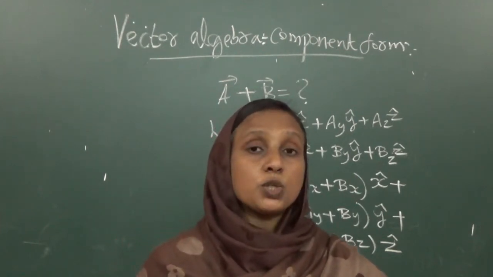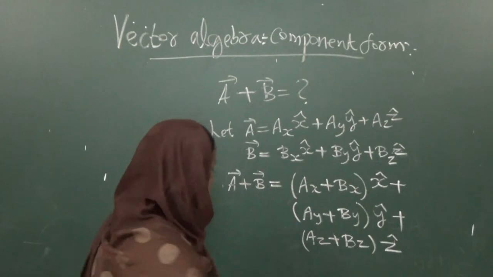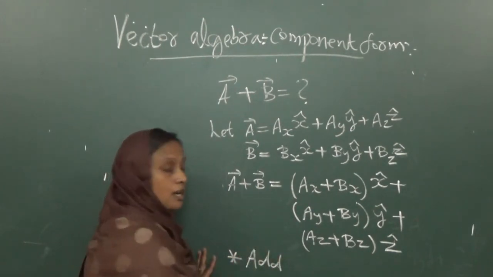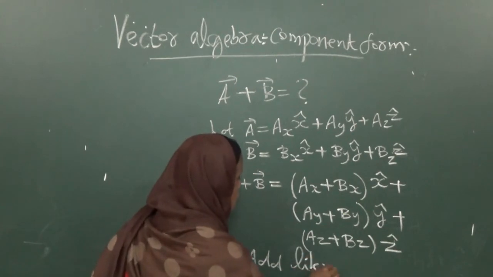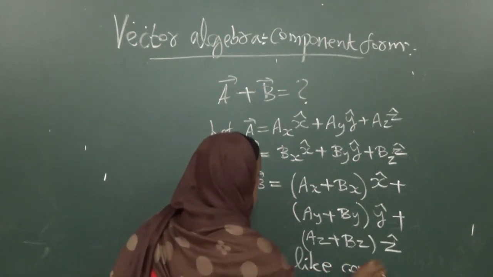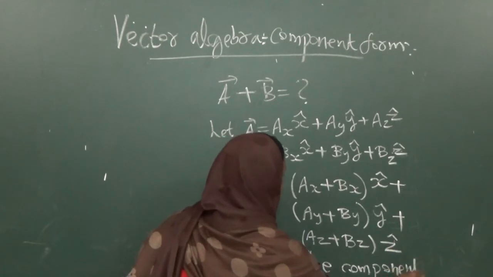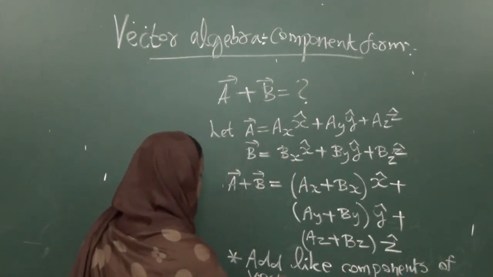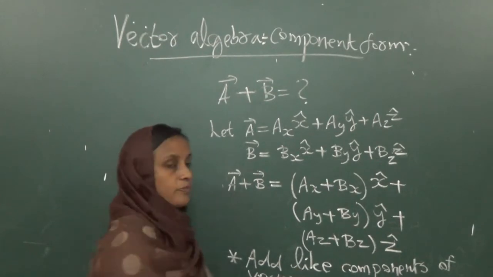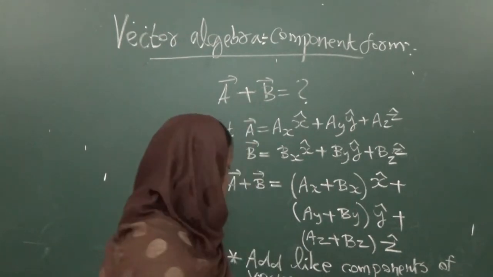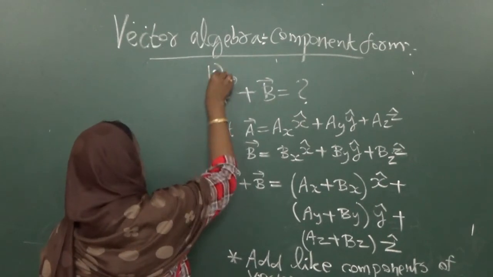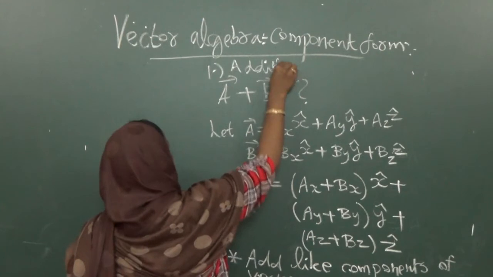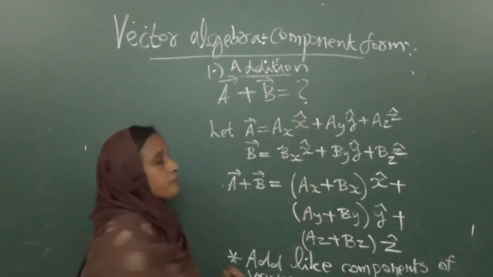So, what's the rule for the addition of two vectors? Add like components of vectors. This is the rule for addition of two vectors.